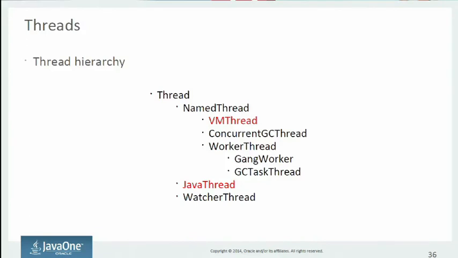VM thread is a special thread within HotSpot, which does special operations that different threads request. In particular, an ordinary executing Java thread can call out to the VM thread and ask for things like a safe point, so you can bring the whole VM to a consistent state and then do interesting things like garbage collection, or stop-the-world garbage collection.